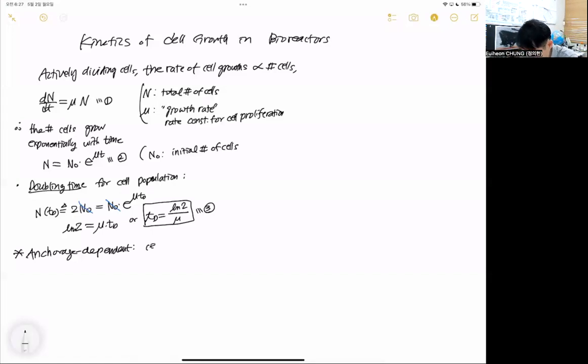That's because cell adhesion and spreading on a solid surface are required for their proliferation and proper function.